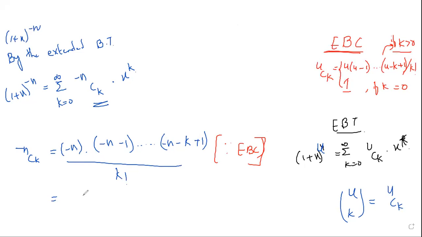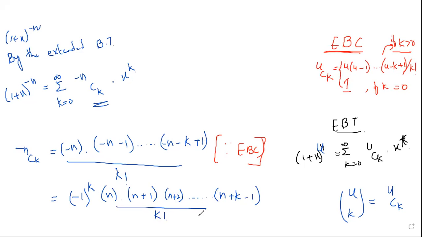There are k terms. This is minus n, then minus n minus 1, minus n minus 2, minus n minus 3, and finally the last term. So there are totally k terms, so minus 1 power k into n, since I'm taking minus common, it will be n plus 1, n plus 2, and so on up to n plus k minus 1, by k factorial.